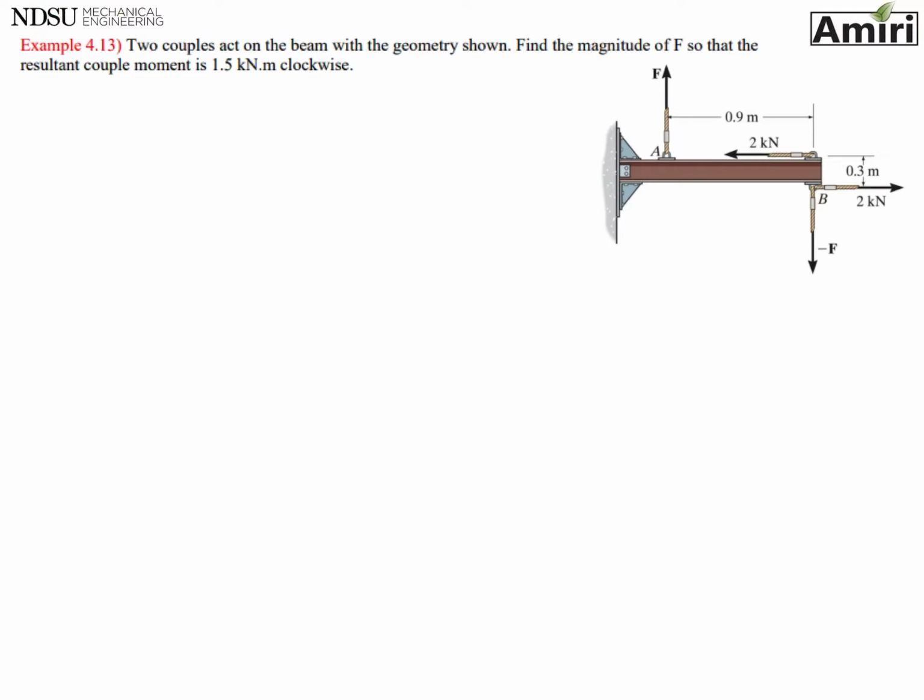Okay. So first, when we look at this problem, let me remind you what a couple is. A couple, as the name suggests, is two forces that are parallel but opposite direction, and they have the same magnitude.